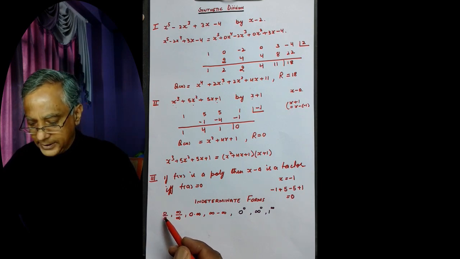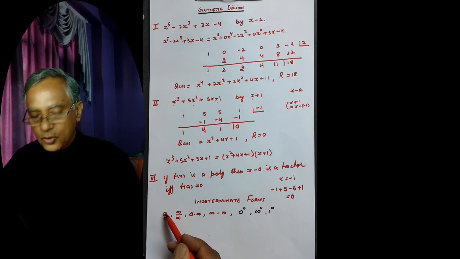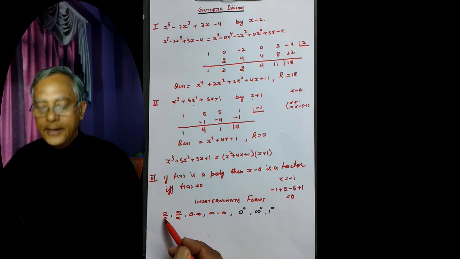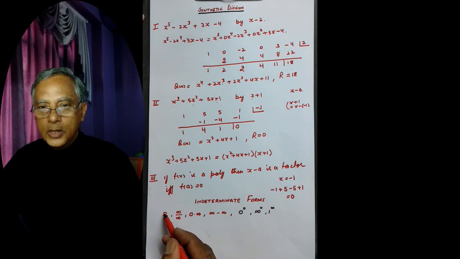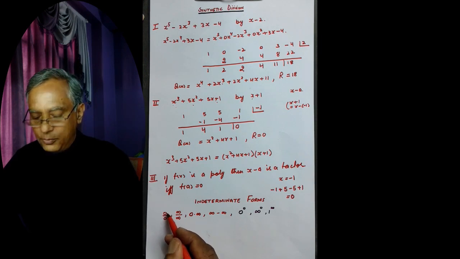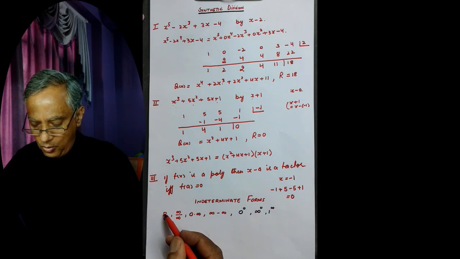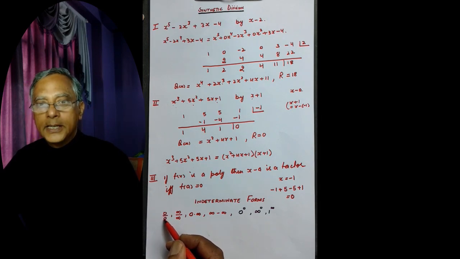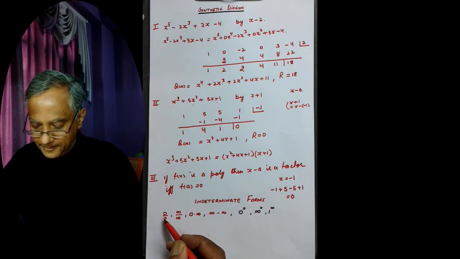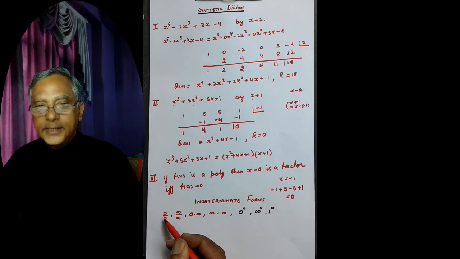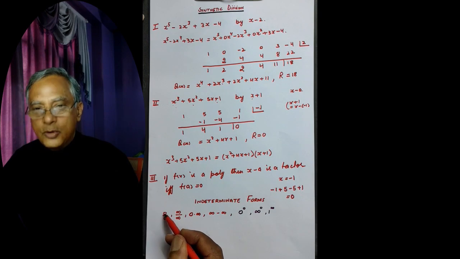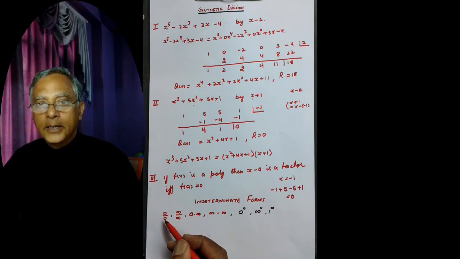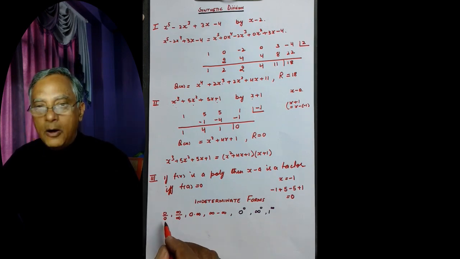And if this is 0 and this is finite, then 0 multiplied by any finite number will be 0, so the answer is 0. If this is finite and this is 0, the answer is infinity. And if two numbers are equal, the answer will be 1. So we cannot say anything about this.